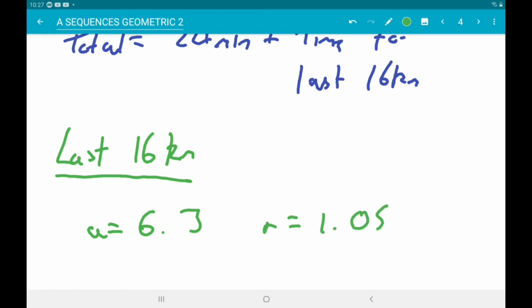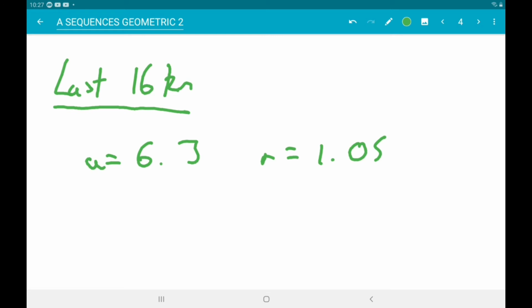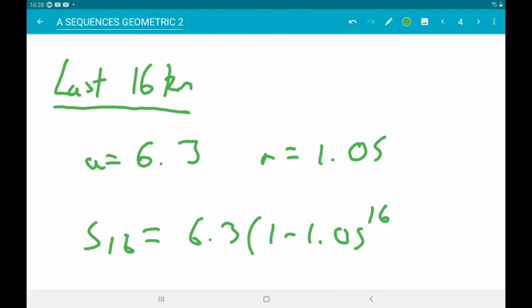So, now we want the sum of 16 terms of this sequence. So we want the sum to 16, so that's 6.3 times 1 minus 1.05 to the 16 over 1 minus 1.05.